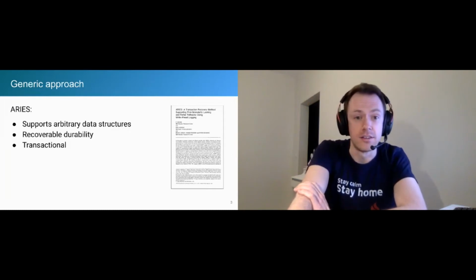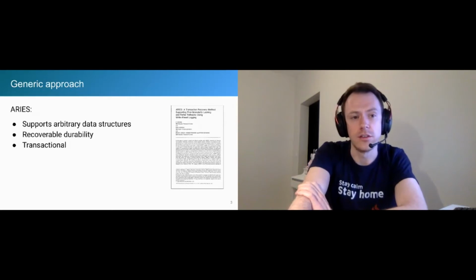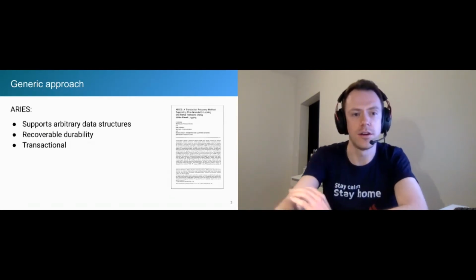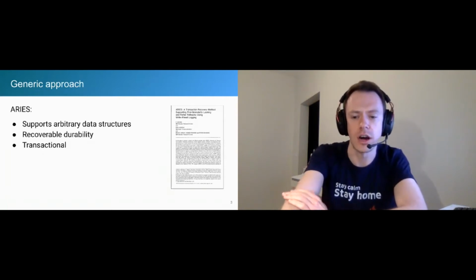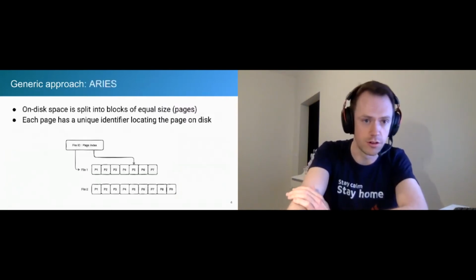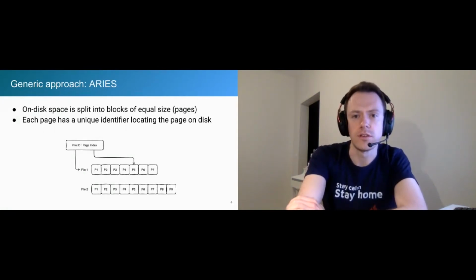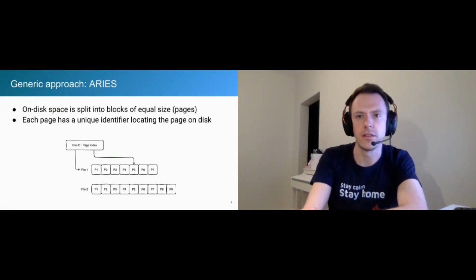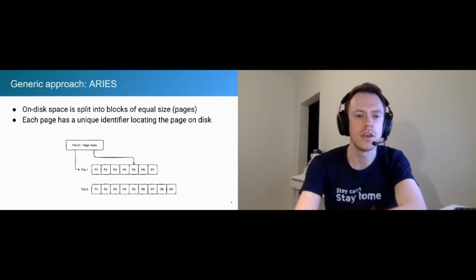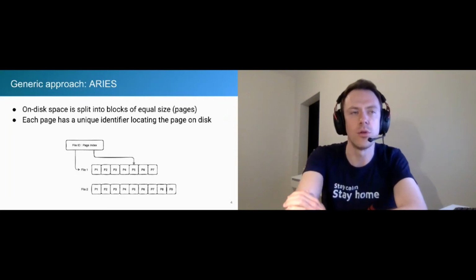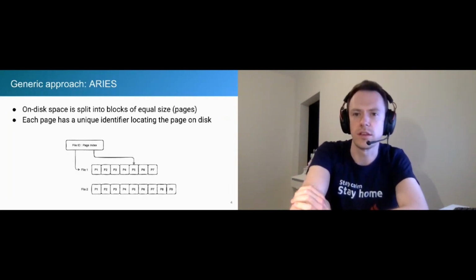So let's first take a look into what this ARIES approach is, what the parts of this approach are, and how it works underneath in general. The first thing that we need to know is that all the potential data that we want to store on disk is split into blocks of equal size, and these blocks are called pages.